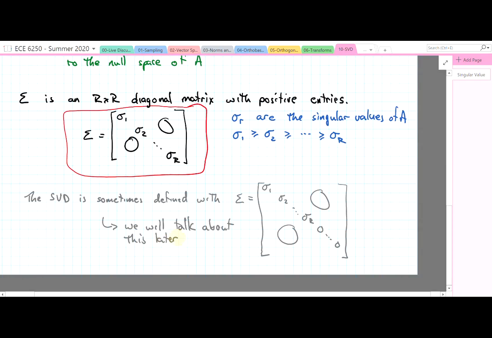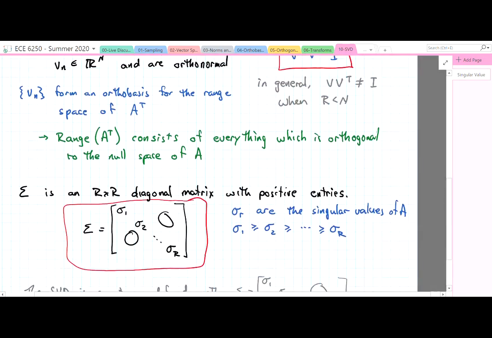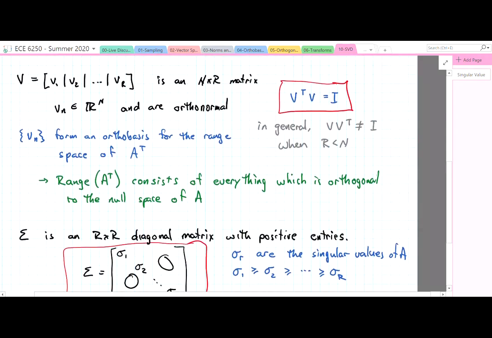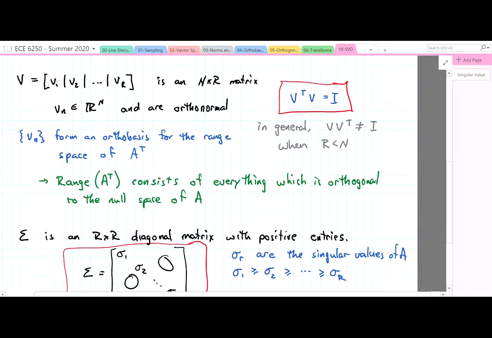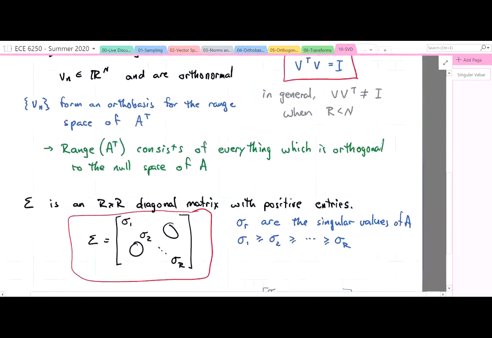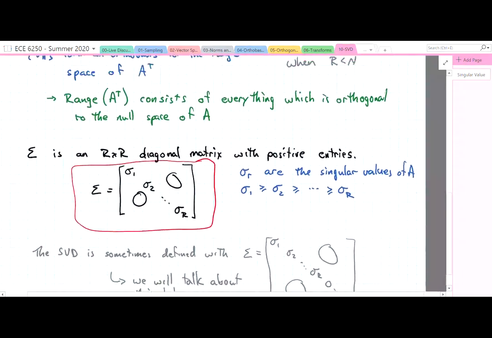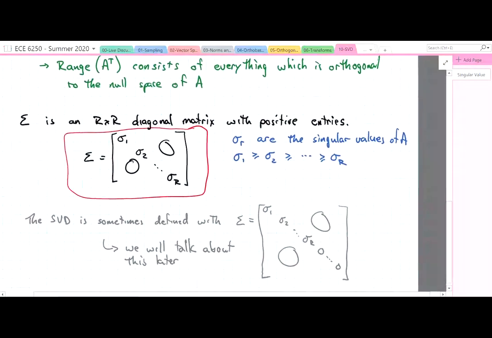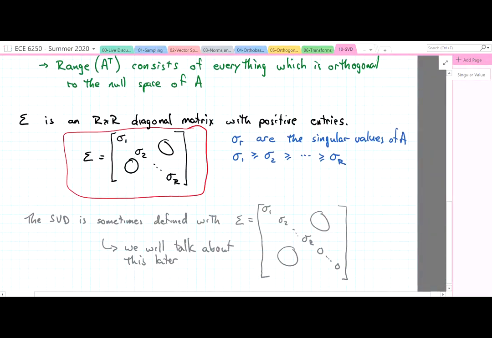But to give you an idea of what's coming up, how does this work? Well, right now we have only R entries, where R is less than N or less than M, and probably both, in our V matrix. So our sigma matrix is basically the smallest matrix there.